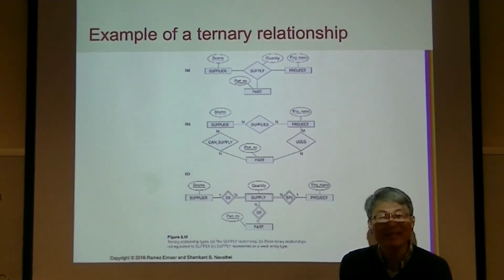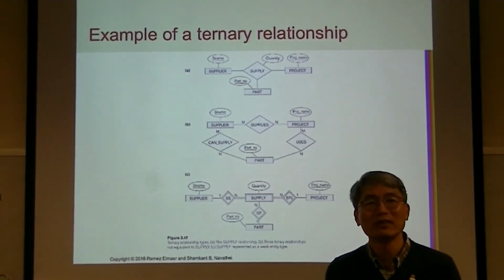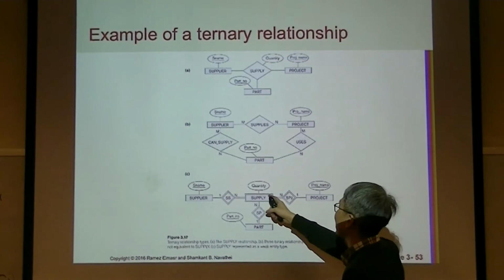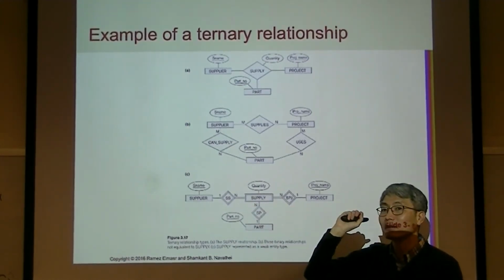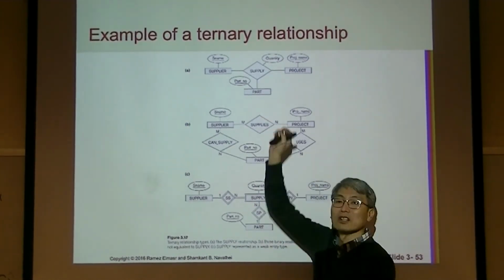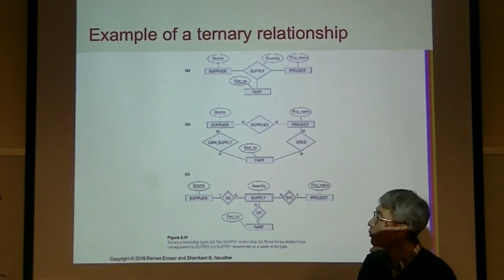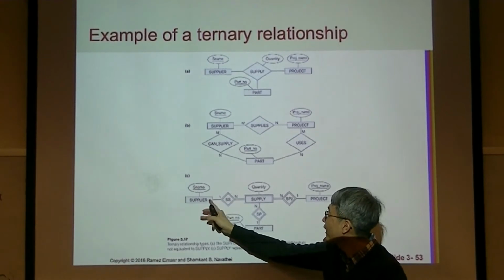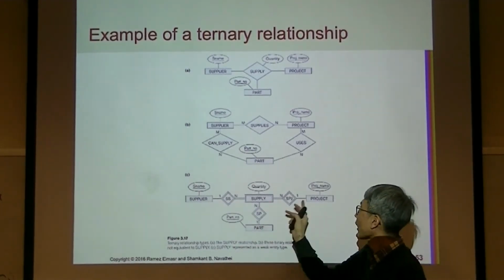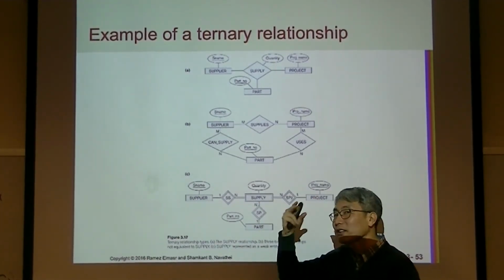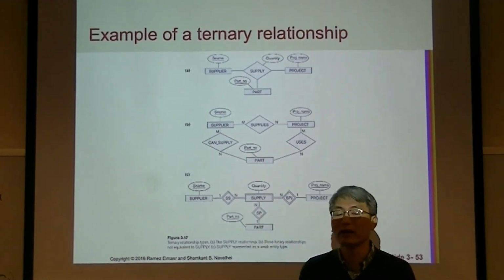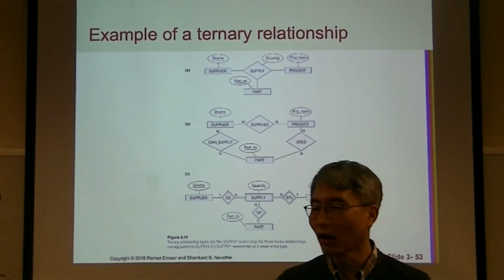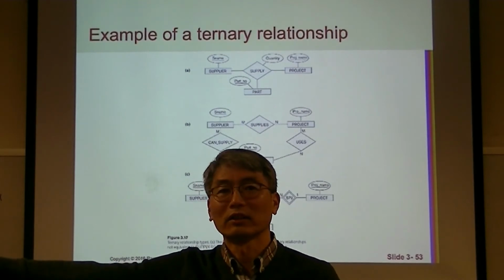So supply itself is the entity. You can consider supply itself as the entity, but supply does not have a key attribute because it was the relationship. So we can create a weak entity, then create the binary supply, part supply, and project supply. You can imagine this supply is a virtual entity you create.